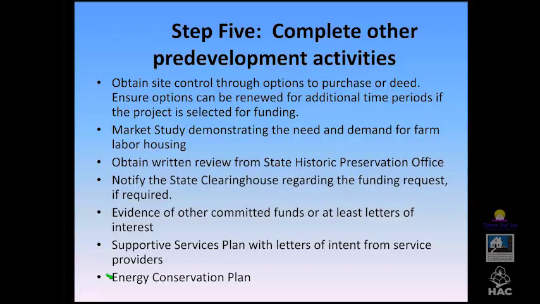You will need to involve an energy consultant early on to make sure that your plans are, in fact, going to be acceptable to whatever program you're participating in. You will have to have testing at the end to make sure that you have passed the tests for that particular energy conservation plan. And you will need to include the costs of that energy consultant in your development costs.